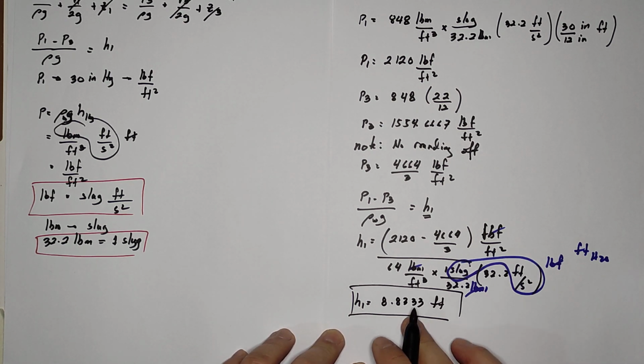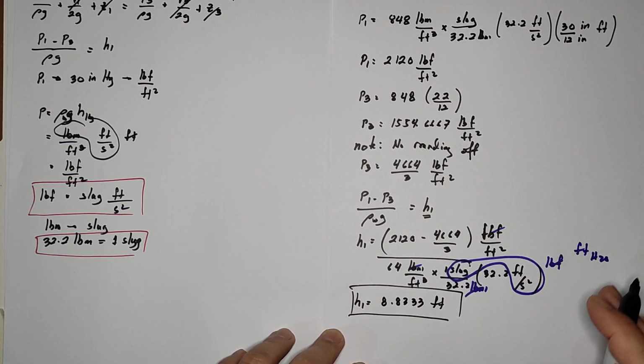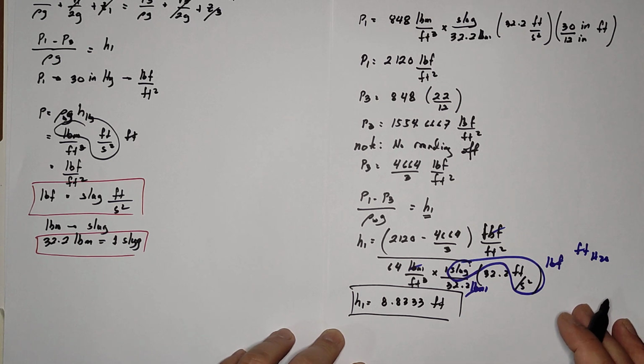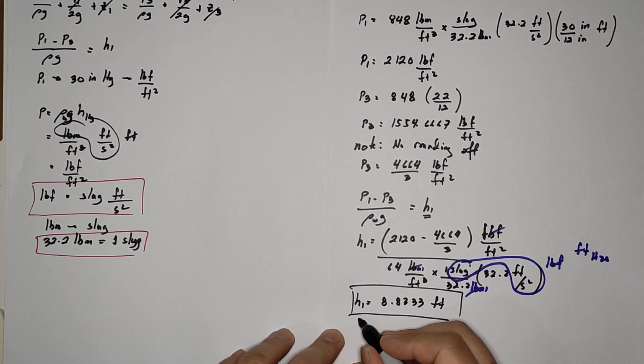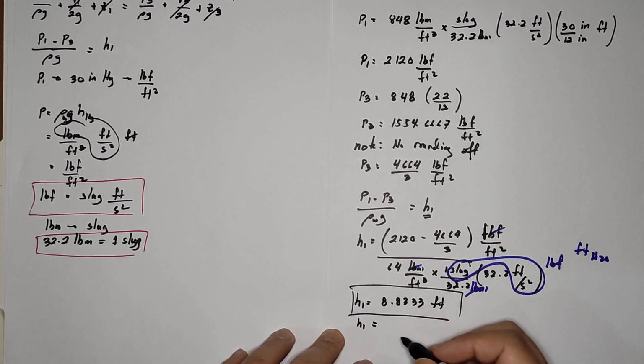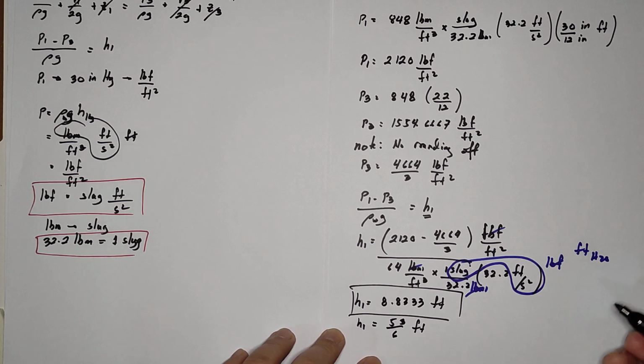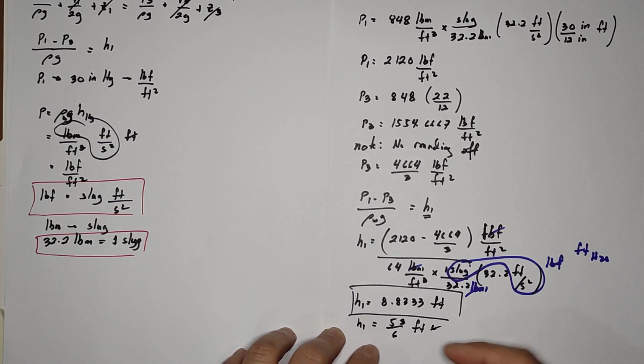Now, if you use this to solve the next question, don't round it off, so I make it 53 over 6 feet. I will be inputting this in the calculator.